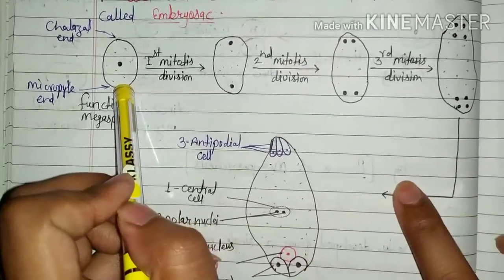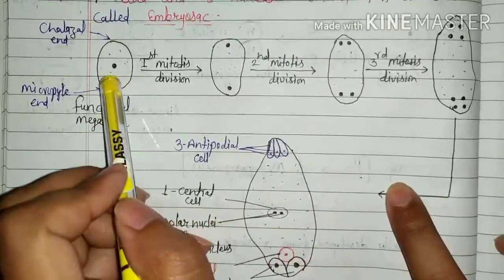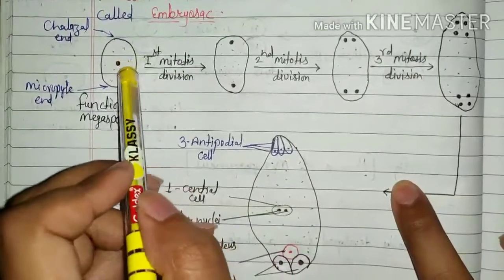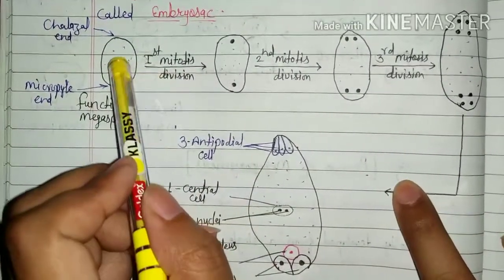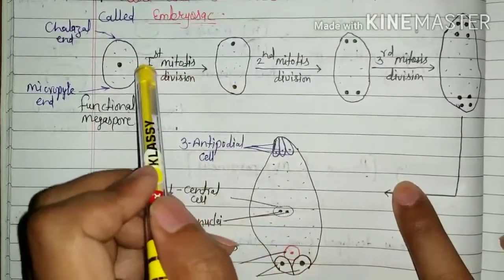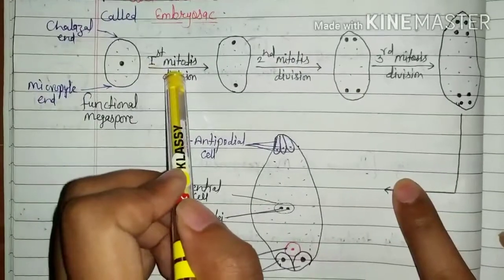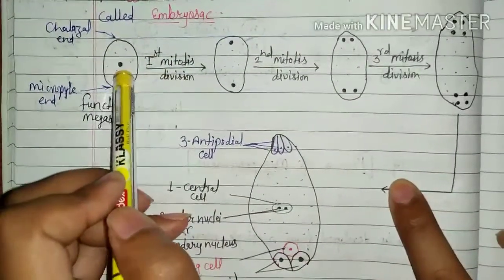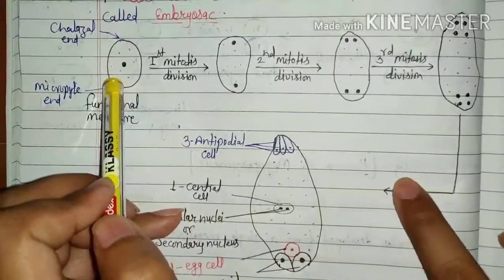Initially, the megaspore nucleus divides into two nuclei by the first mitotic division. There is only nuclear division, not cytoplasmic division.